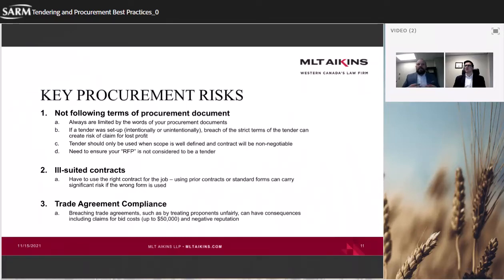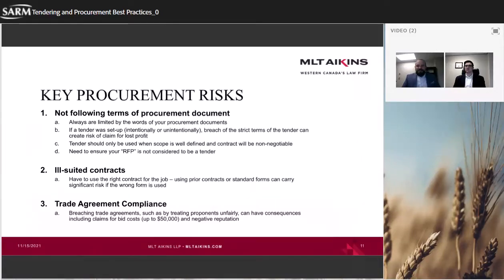If we say that we as owner are going to conduct ourselves in this way, we are going to choose the successful proponent in this way, or whatever rules we publish, and we don't follow those rules, we're inevitably going to step in it. So the widespread notion here is to think about the rules that we want to publish within that document, and then make sure that we follow those rules.